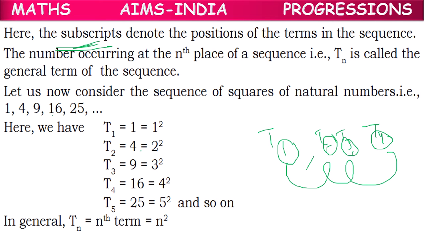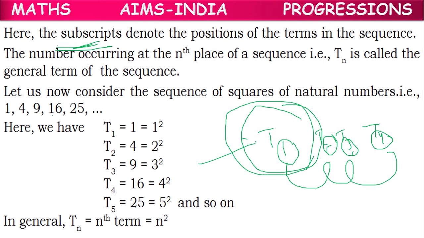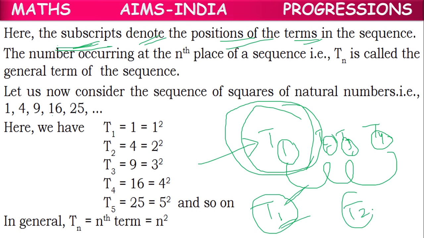The subscript present in the symbol of the term denotes the position of the term. If there is T1, we have to assume that it is the first term. If there is T2, it will be the second term. If there is T3, it is the third term. So this denotes the position of the terms in the sequence.